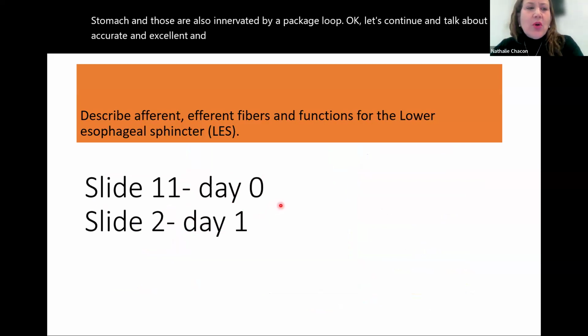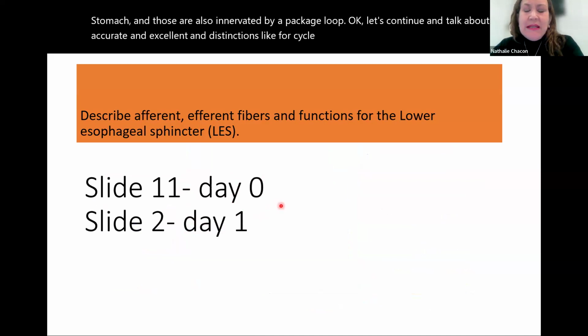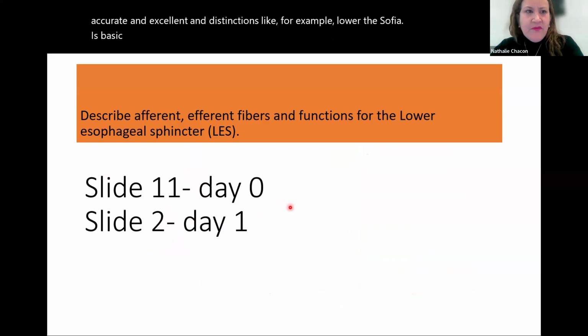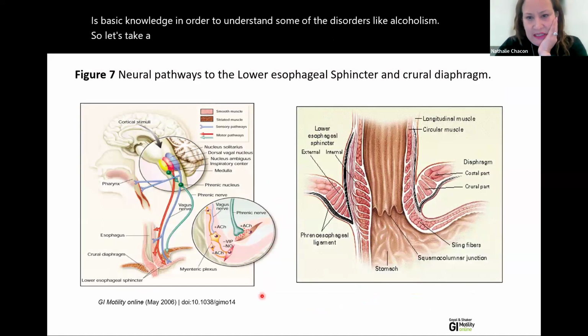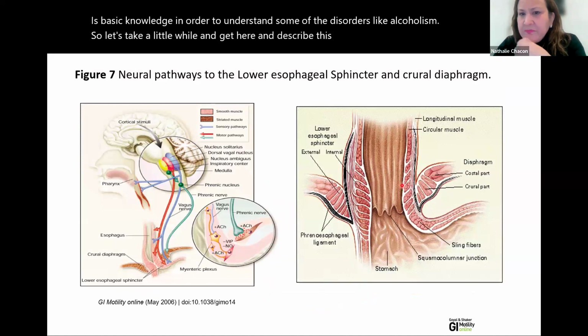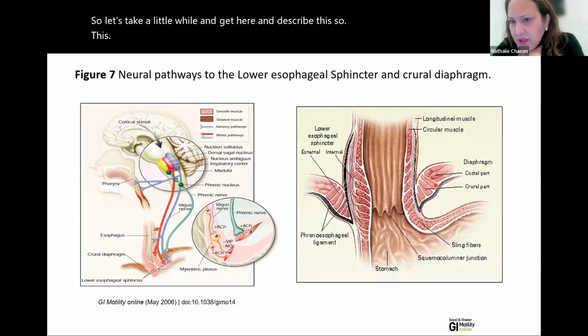Like, for example, the lower esophageal sphincter is basic knowledge in order to understand some of the disorders like achalasia. So let's take a little while and describe this. What we see here on the side is the diaphragm.